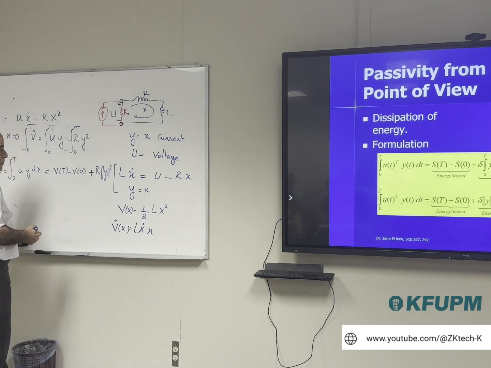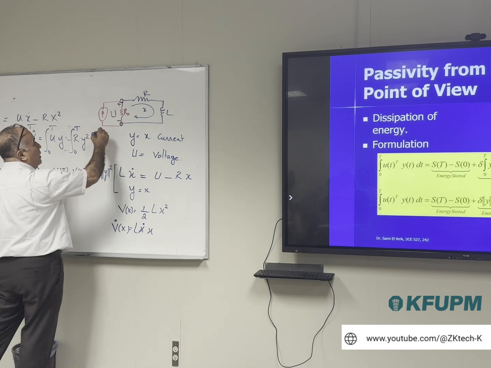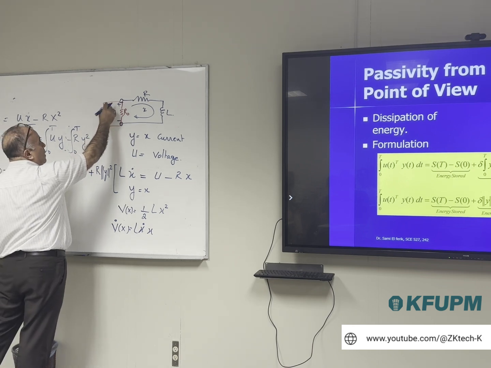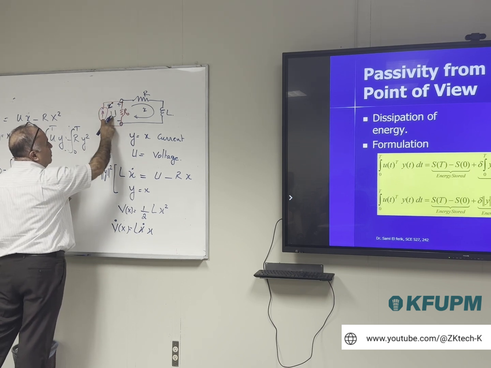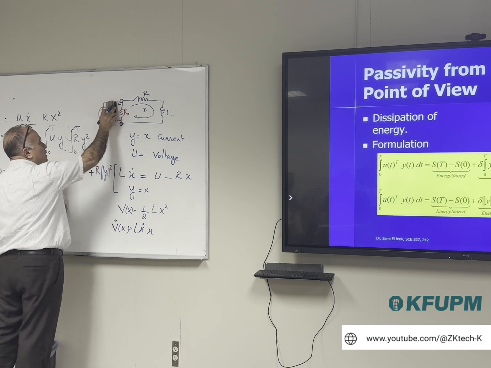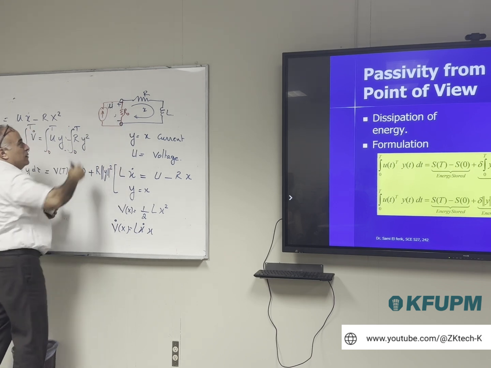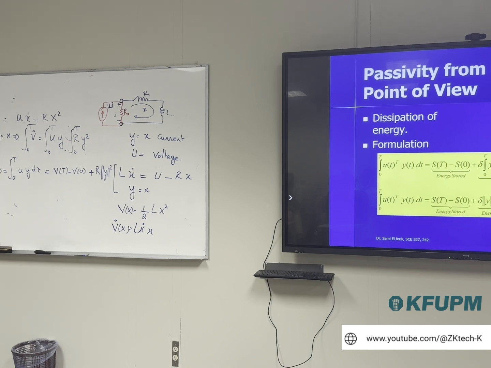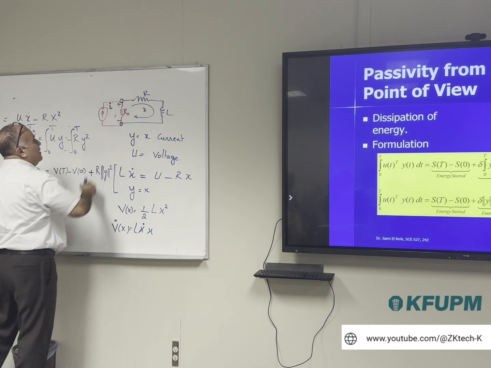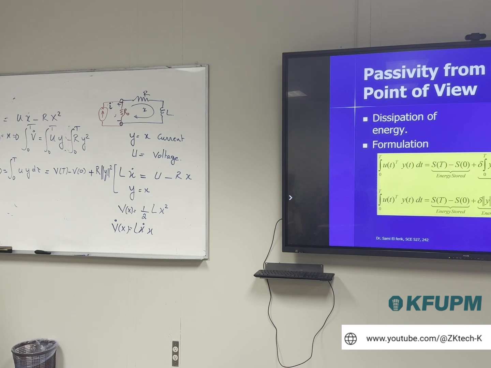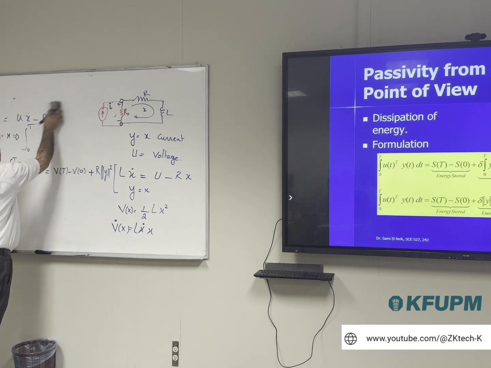So how are we going to do this? Let's assume that this current is now my U. To avoid confusion, put current and remove the voltage. So current is my input now. What will be the equation for this one?